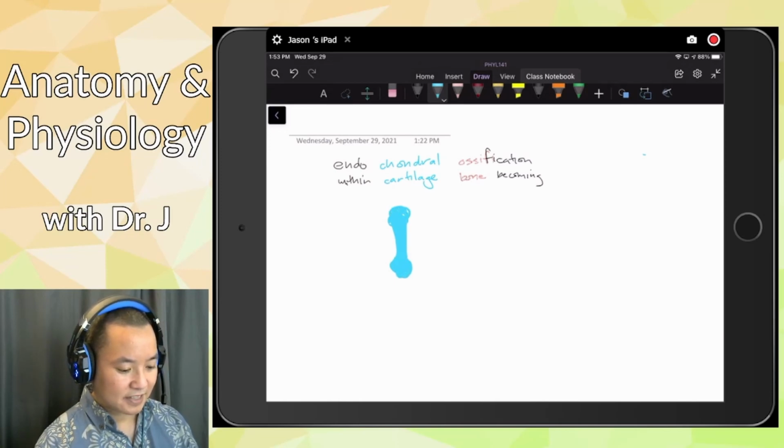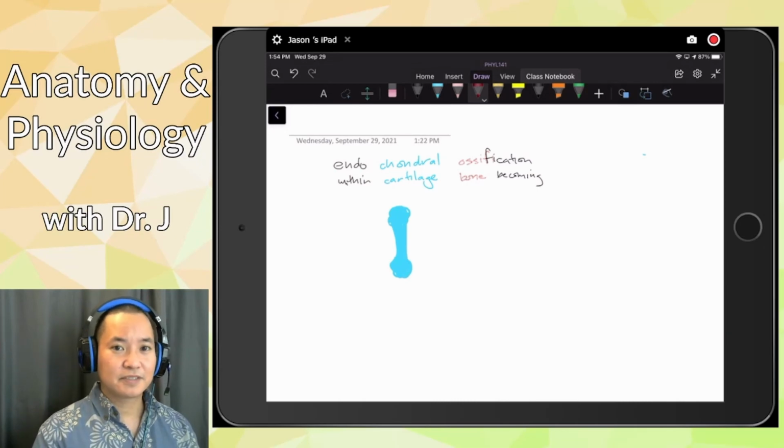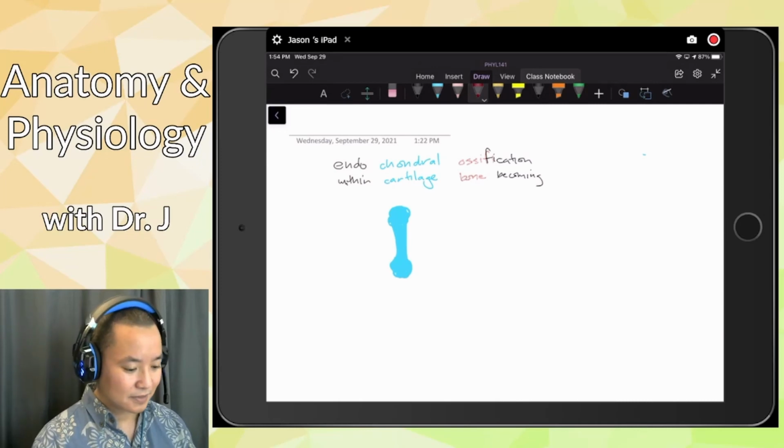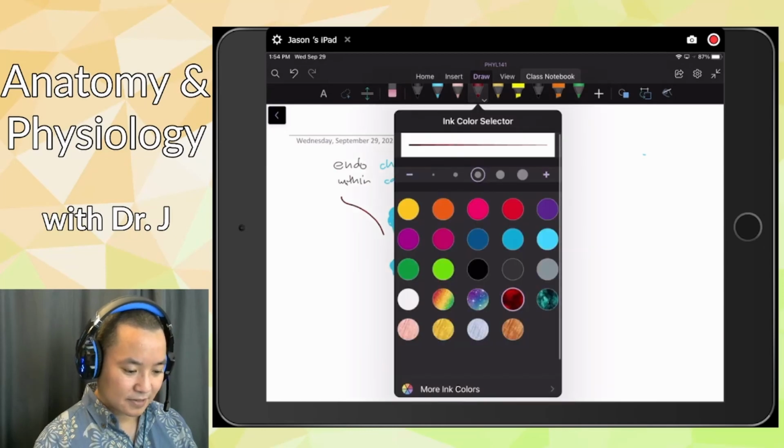Now what happened during that first step? Well, it's cartilage, but how do you get the calcium? How do you get the phosphate? How do you get those cells? And notice in the previous video, you also have to deliver those osteoblasts that help to build new bone. So what we have are blood vessels. So blood vessels, let's make this a little brighter red.